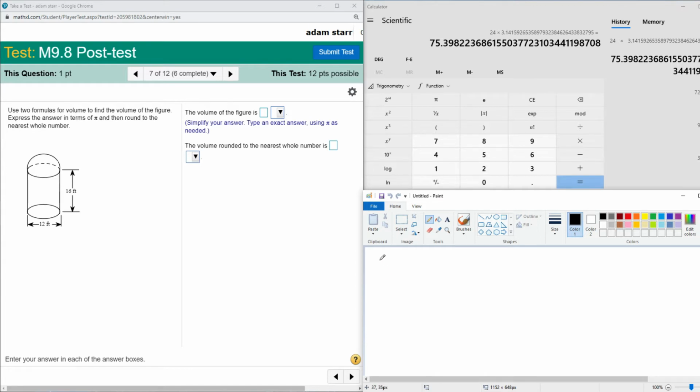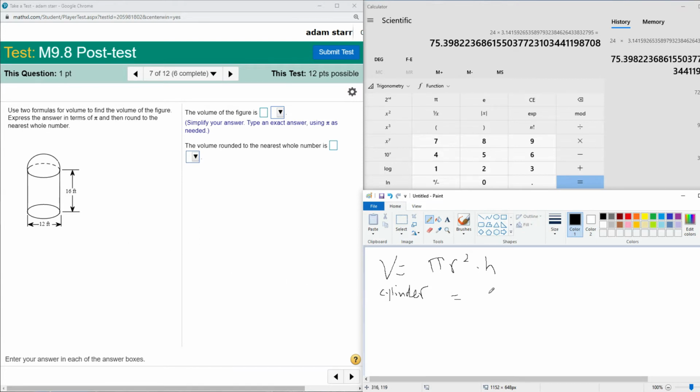We're going to find the volume of the cylinder first. The volume of the cylinder is pi r squared times the height. Looking at my cylinder, I'm given that this distance is 12 and this distance is 16.